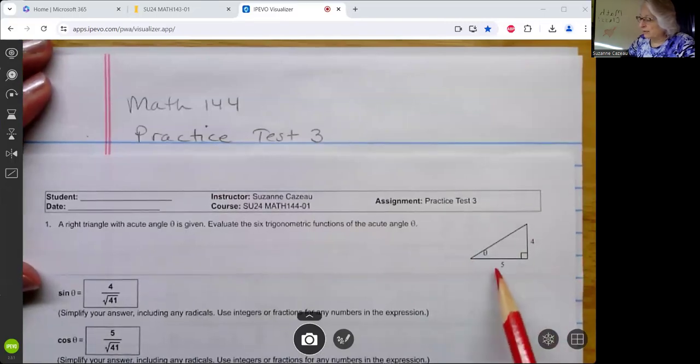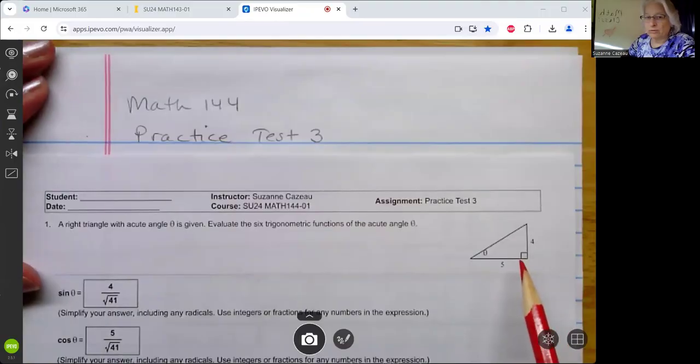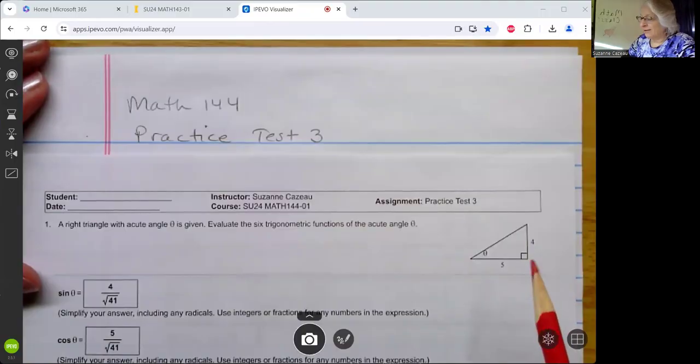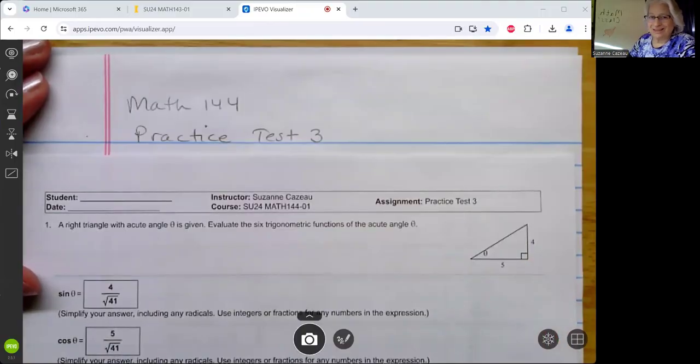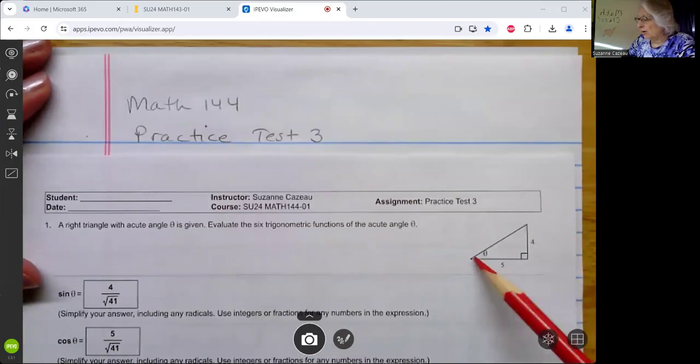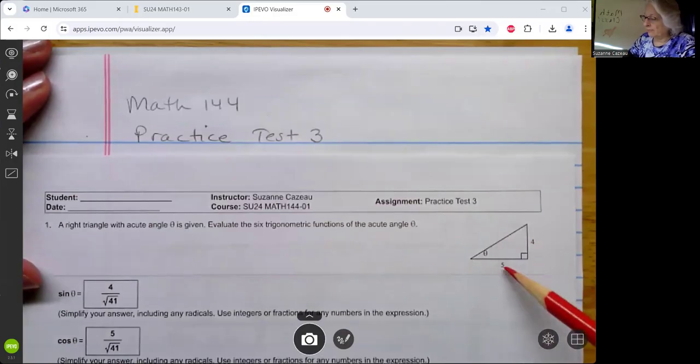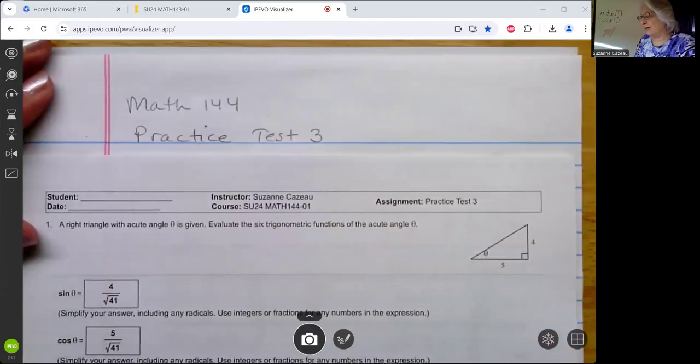Now, for this particular problem, I want to point out that you could accidentally think that this is a 3, 4, 5 triangle, and it is not, because a 3, 4, 5 triangle has the longest side, 5, on the hypotenuse. So if the 5 was up here, then it would be a 3, 4, 5 triangle, but it's not.